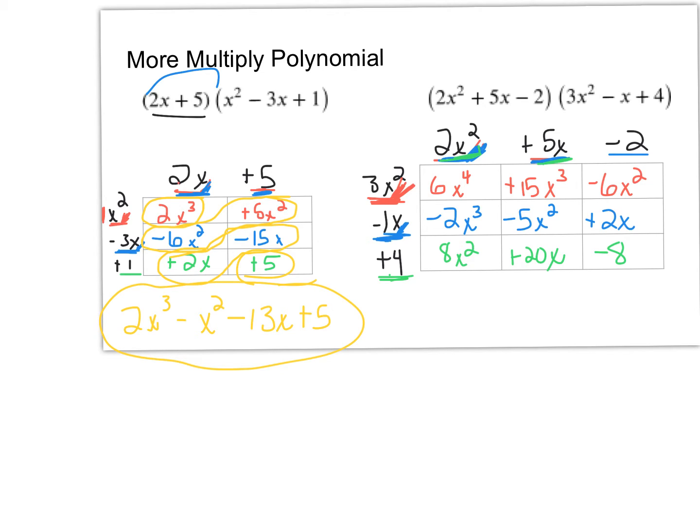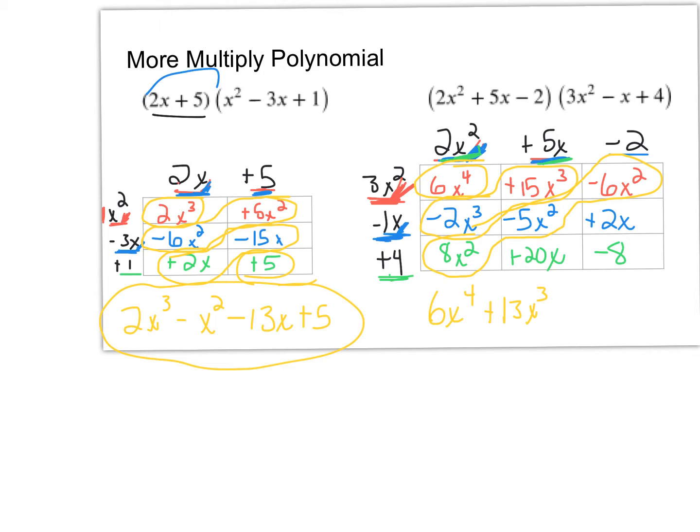Alright, so now at this point, let's combine like terms. X to the fourths. 6x to the fourth. X cubed, I have right here. So 15 minus 2 is 13x cubed. The squareds, 8 minus 5 minus 6.